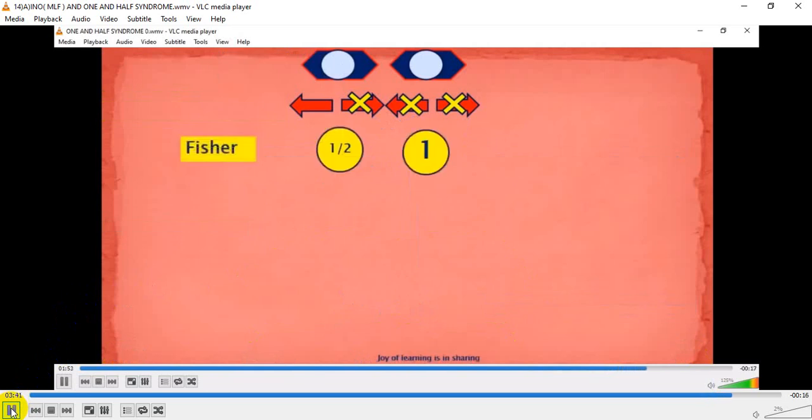This was described by Fisher. The 1 means complete gaze palsy, and the half is that abduction is possible but the left eye cannot adduct. So that is half. That's why it is called 1.5. Very common etiologies are infarction and demyelination.